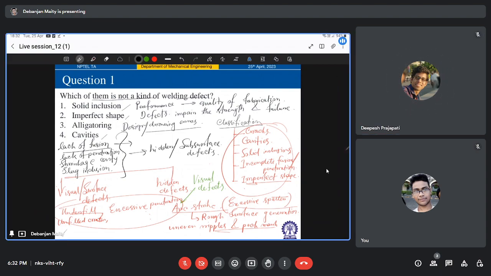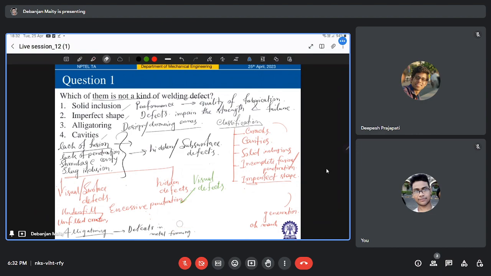So alligatoring, if we try to define it, I'm not going into much depth of how this forms.